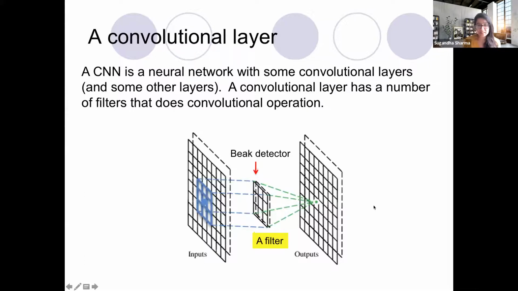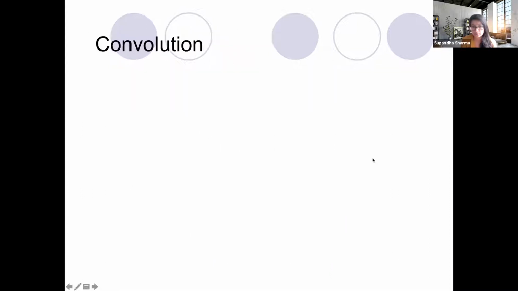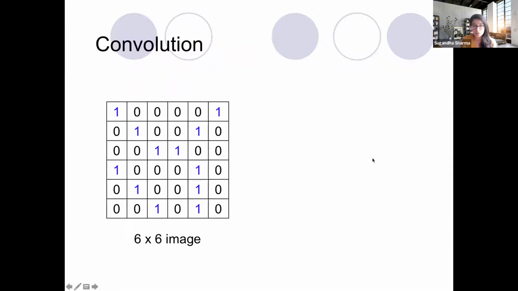Next, I'm going to walk through what the convolutional operation itself looks like. Here, this filter is being convolved with this input image to produce some output, and we'll see how that operation works. So consider this to be our input image. It's a 6x6 image, which is represented in this form by zeros and ones.